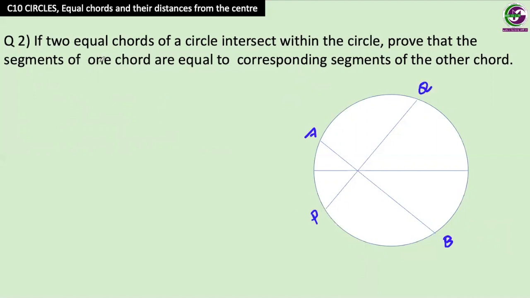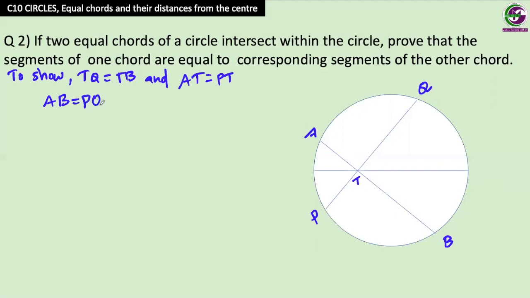Prove that the segments of one chord are equal to the corresponding segments of the other chord, which means we have to show that TQ is equal to TB and AT is equal to PT. We are given that AB is equal to PQ.